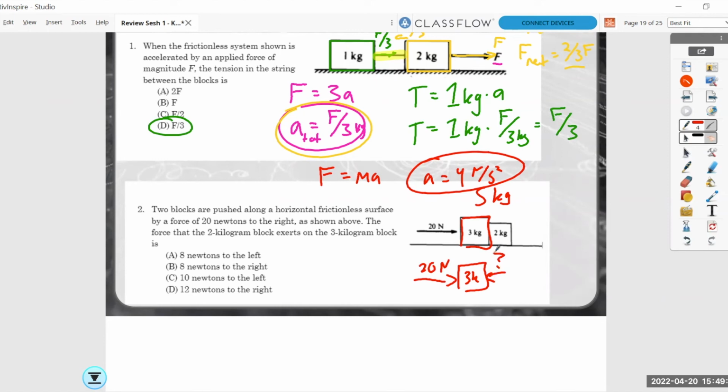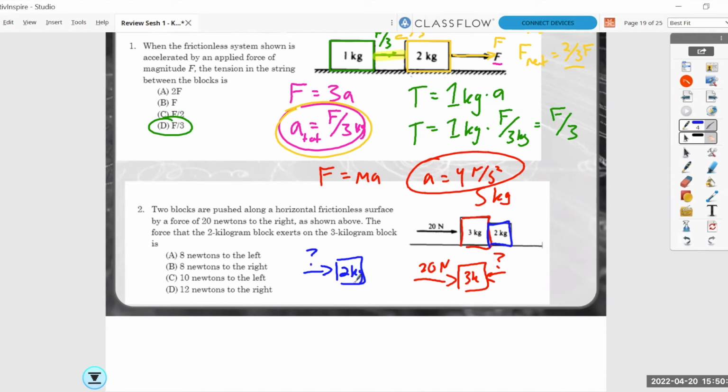What we could do is be clever and say, thanks to Newton's third law, I know that that mystery force is exactly the same as the force being applied to my 2 kilogram object. And on my 2 kilogram object, that's the only force.